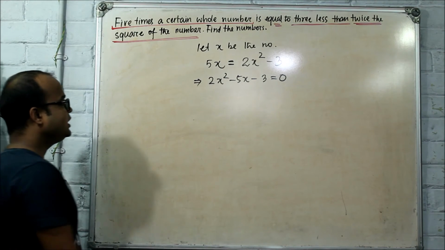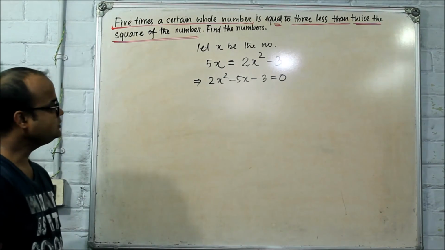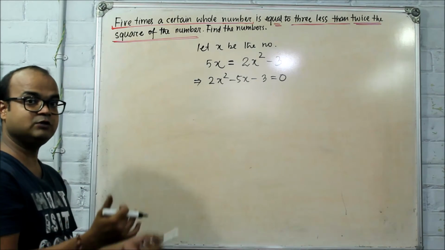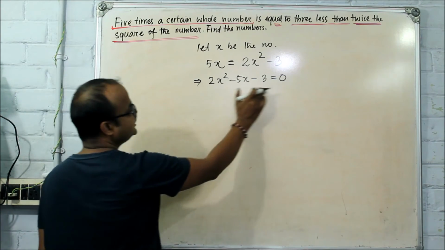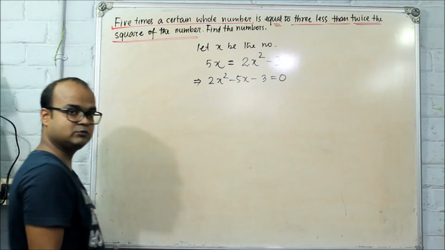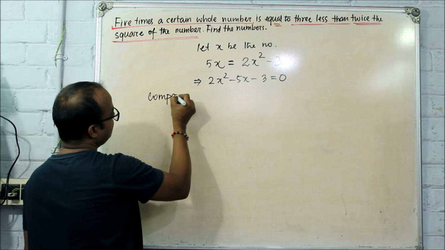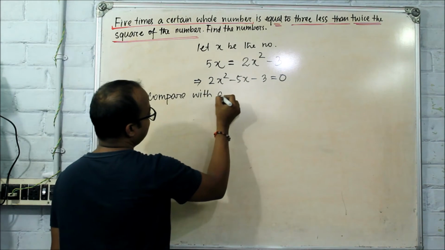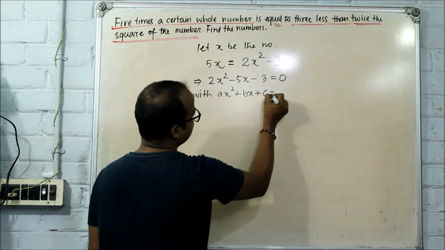Clear? Now we need to solve this equation. The last two problems I solved using the factorization method. For a recap, I am going to solve this using the formula method. So in the formula method we need to compare with ax square plus bx plus c is equal to 0.